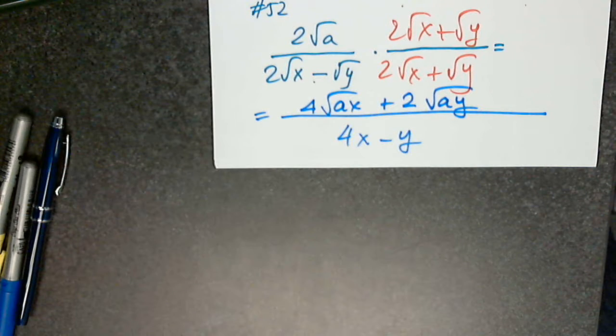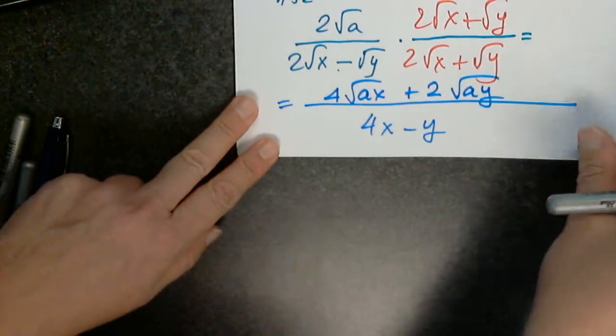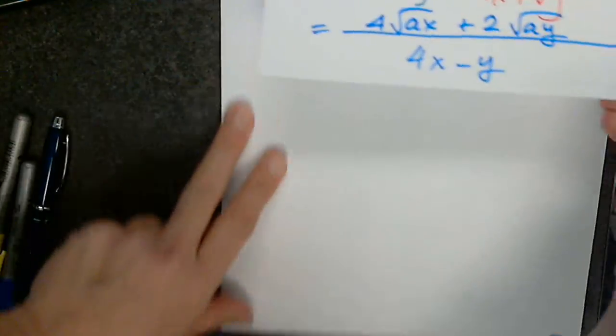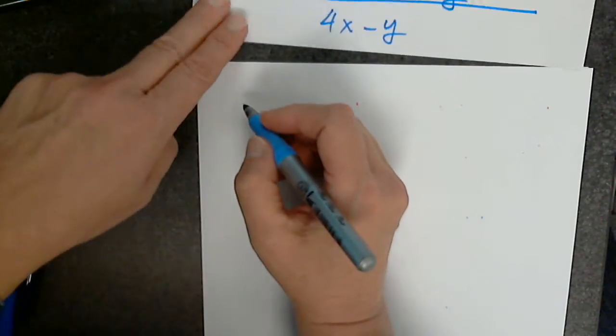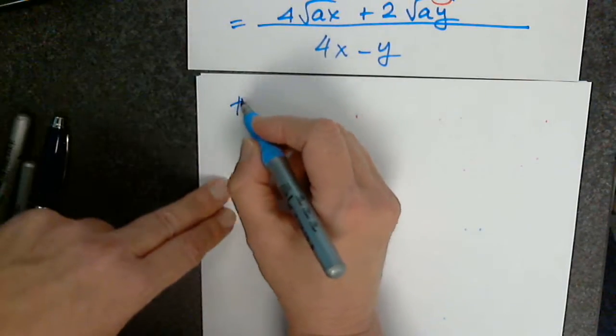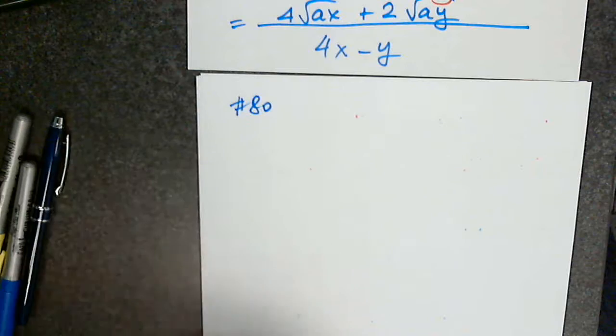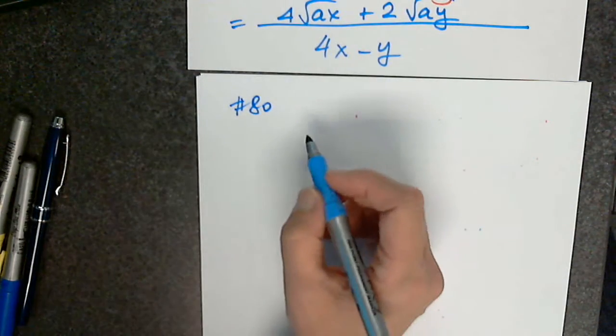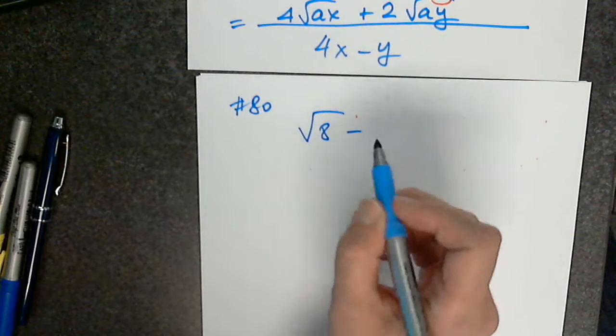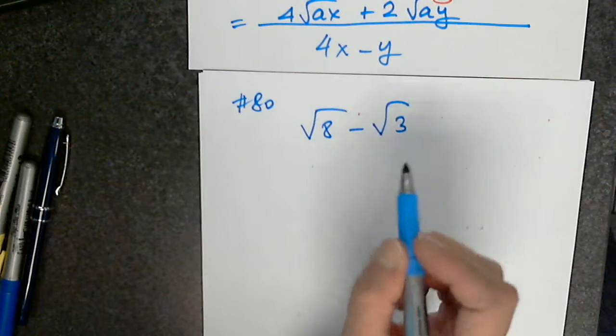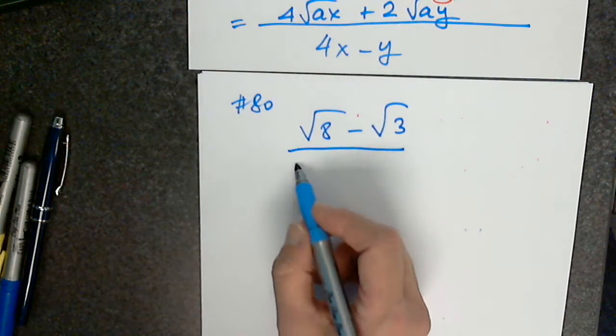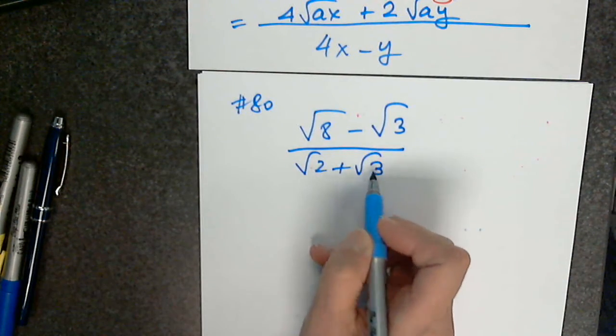Okay, let's rationalize one numerator. Let's say problem 80. The square root of 8, which has to be simplified, minus the square root of 3 over the square root of 2 plus the square root of 3.